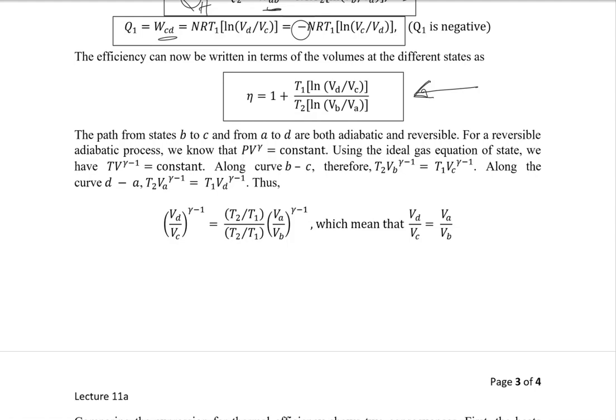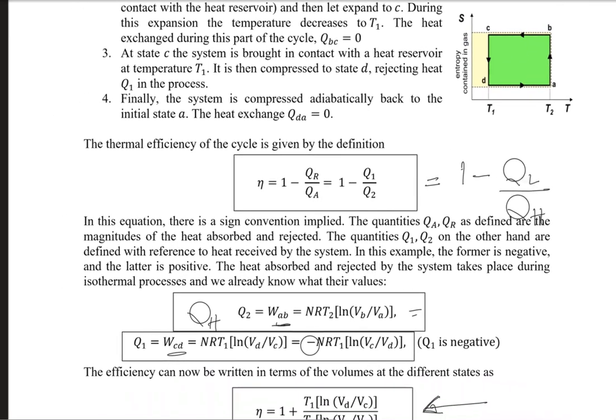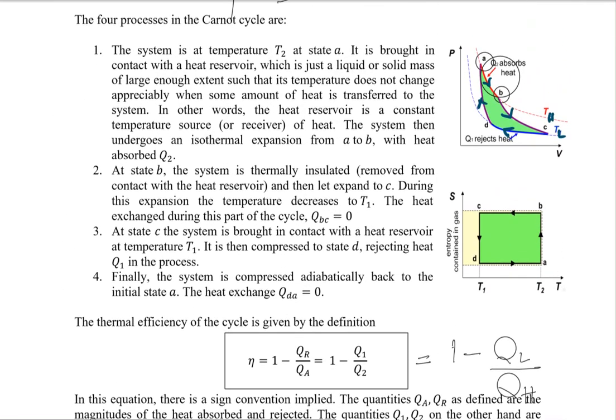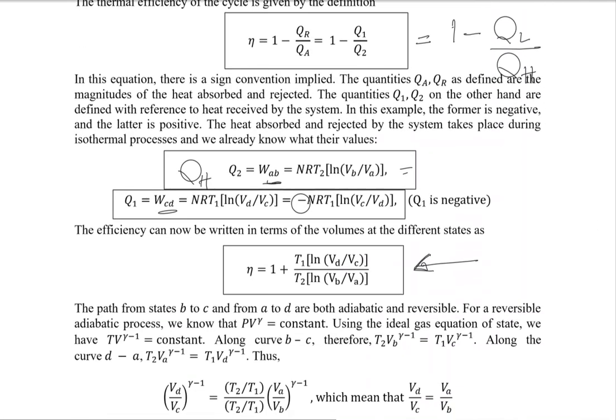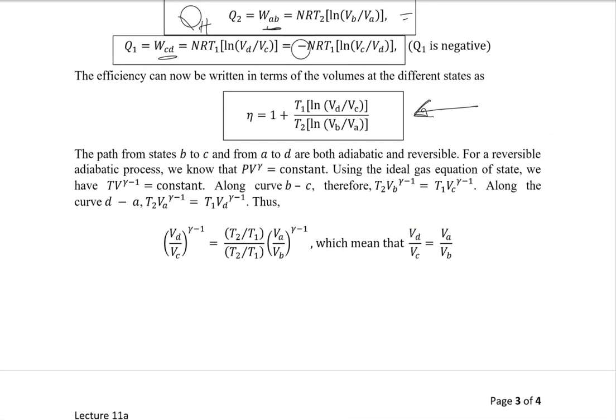Now we do have other legs or other processes in the Carnot cycle as well. The process from B to C, which is adiabatic expansion, and from D to A, which is adiabatic compression. Remember from the previous notes, for an adiabatic process we define T V to the power gamma minus 1 is equal to constant.